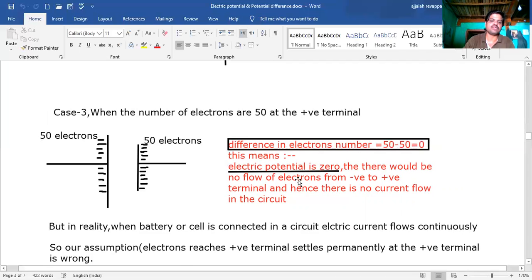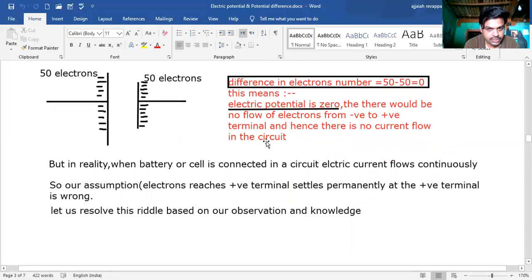The potential difference is 0. When the difference is 0, there is no further flow of electrons. This is taking place in a very, very small interval of time, within a few seconds. If potential difference is 0, it means there is no further flow of electrons and there is no current flow in the circuit.